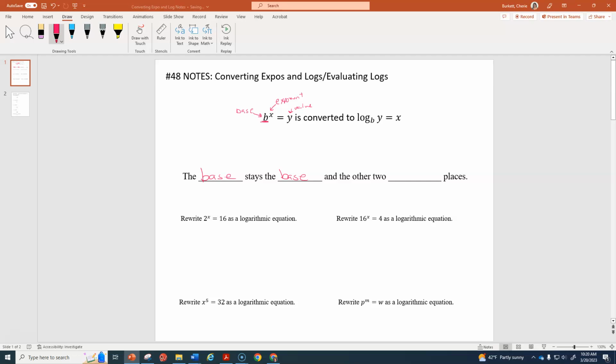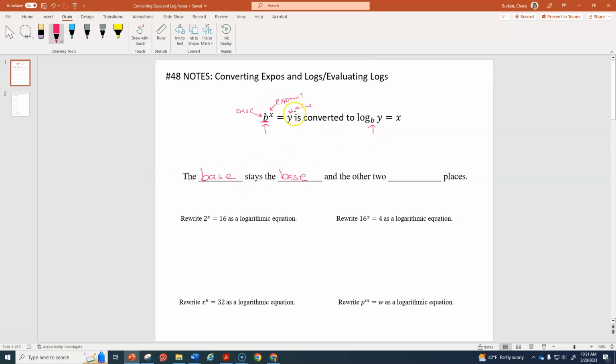When I say the base stays the base, I mean the base of the exponent is the base of the log. You could be more detailed with these words and say the base of the exponent is also the base of the log. That's just more writing than I want to do, so I just say the base stays the base.